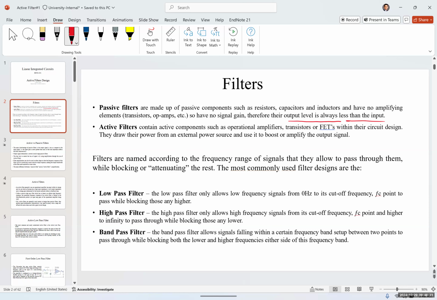So what is a low pass filter? The low pass filter only allows low frequencies to pass. So anything from 0 hertz to an upper cutoff frequency is called a low pass filter. And it looks like this. So it allows all the lower frequencies to pass. So this part is going to be the pass band, and anything else is going to be the stop band.